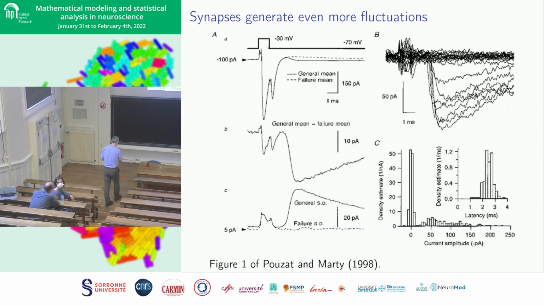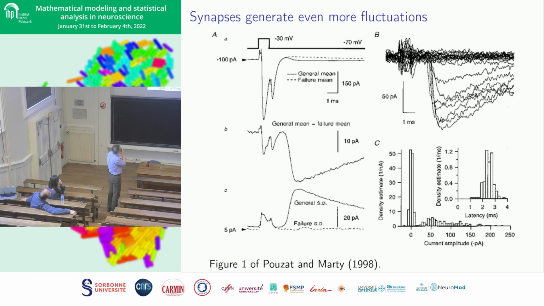If you look now at the synaptic transmission, that's an easy preparation where the neuron makes a synapse onto itself. That's an autapse. So with a single pipette, you can record both the pre- and the postsynaptic side because it's the same cell. And so concentrate on the B panel. That shows you successive responses to the same stimulation at a low rate.